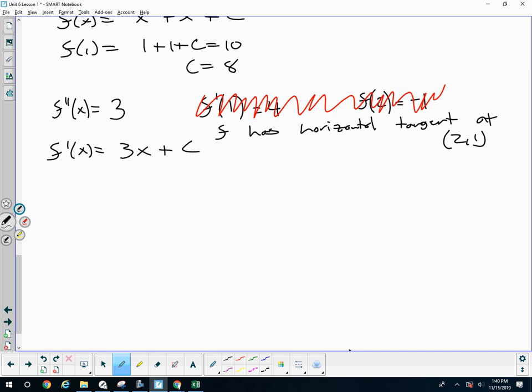Discuss with your neighbors. What information can I use to find c? If you're thinking, plug in 2, set this equal to 1, nope.